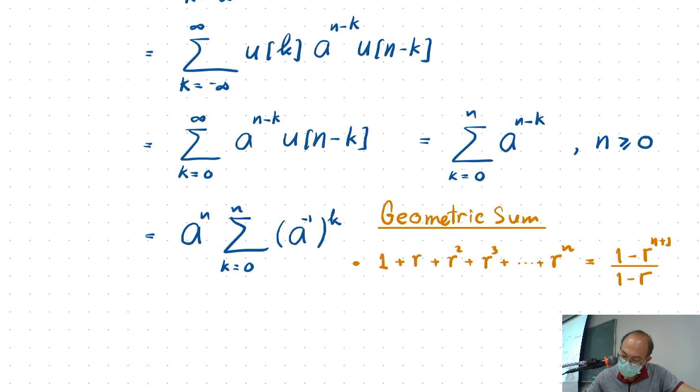Also, if I have 1 plus r plus r squared plus r cubed, now with an infinite number of terms added, the result would be 1 over 1 minus r as long as the absolute value of r is not greater than 1.